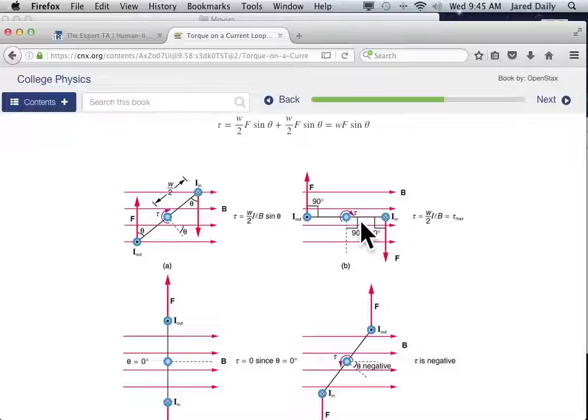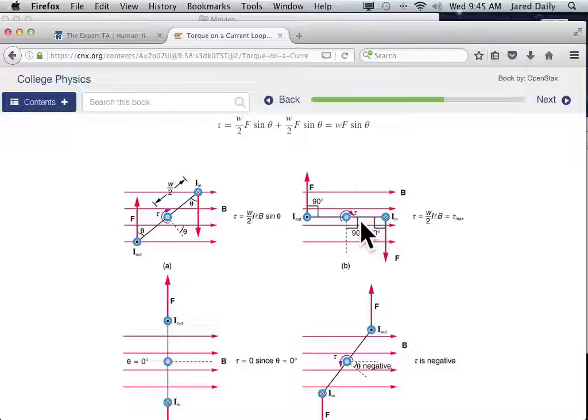If you're at an angle, the forces try to push it into this position. If your loop is kind of lined up parallel with the field, then you have a maximum amount of force. So when you're here, you really want to spin so that you're here. When you're here and here, you kind of want to spin so that you get to here. But once you get to here, it will just lock up because your forces are going to cancel each other out.